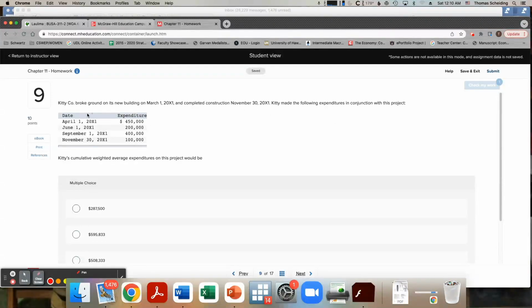So, in other words, what we're going to do here, that $450,000 in April would leave us with eight months to get all the way to November 30th.